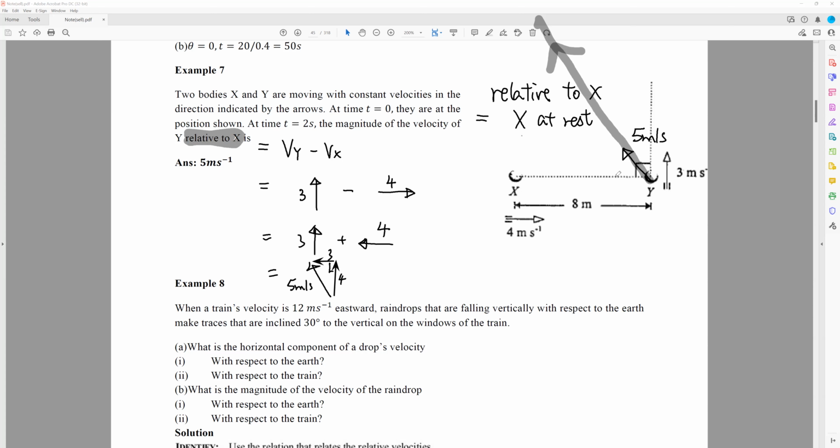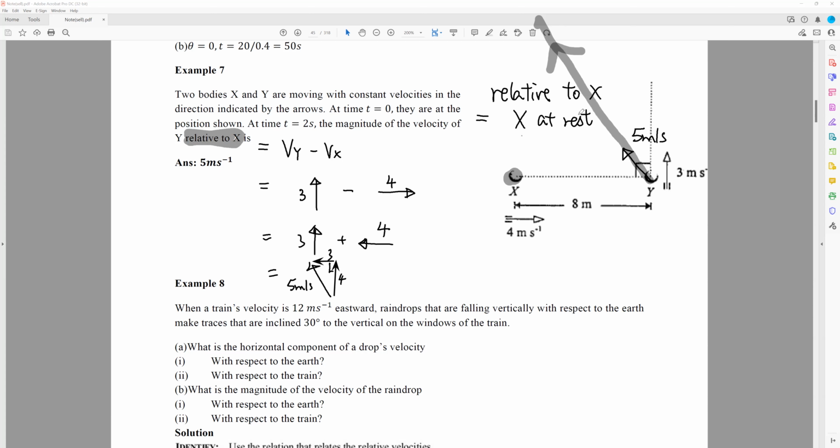So can you indicate the point where x and y are closest to each other? Can you draw it on the screen? Now x is at rest, y is moving along a straight line.